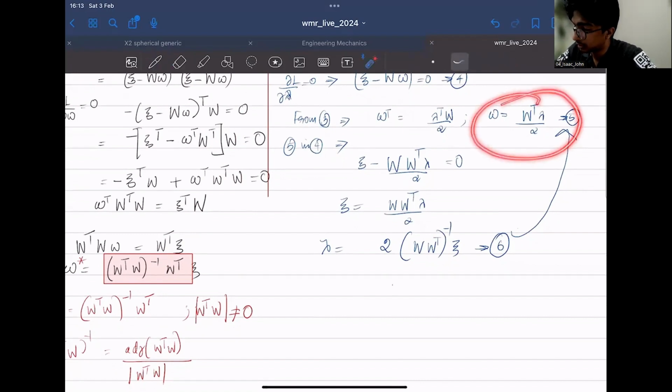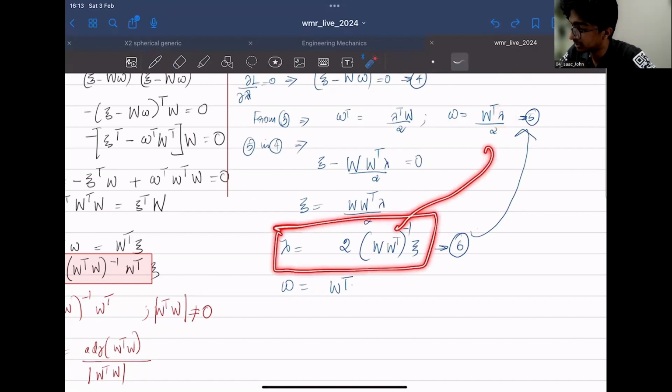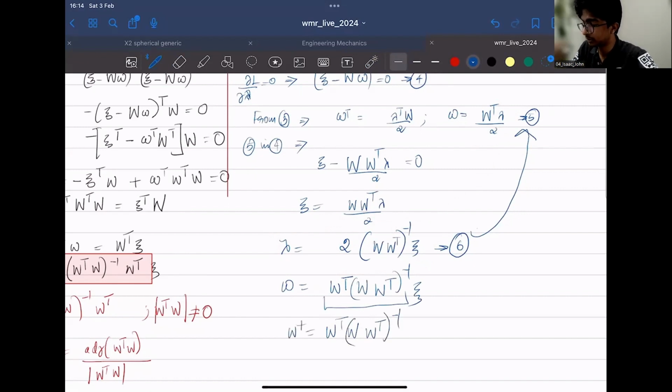So omega would be W transpose. Instead of lambda here, I'm writing this from equation 6, and this 2 and this 2 will get cancelled. So you will end up with W transpose the whole inverse zeta. This term, W transpose W transpose inverse, is what you call the right pseudo inverse.